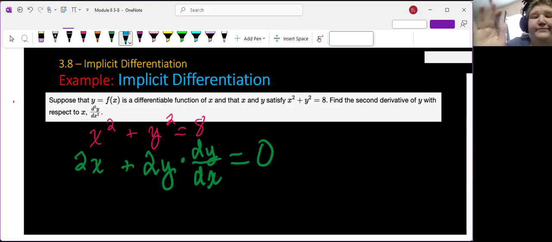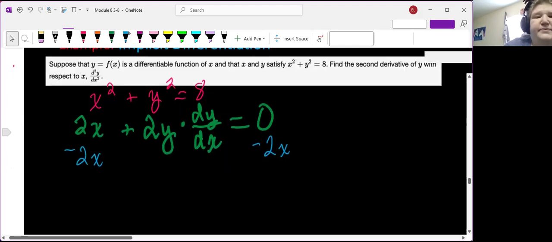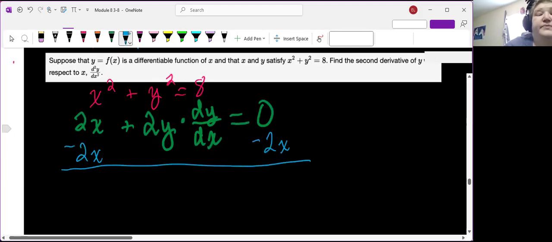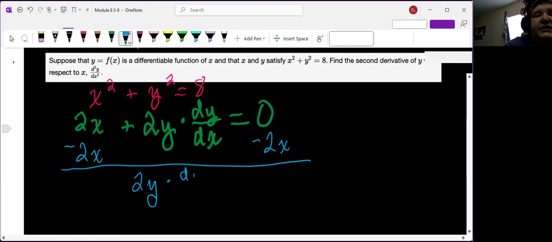All right, now we're getting dy dx by itself, so I minus the 2x. So now I have 2y times my dy dx equals a negative 2x. And now I divide by the 2y.